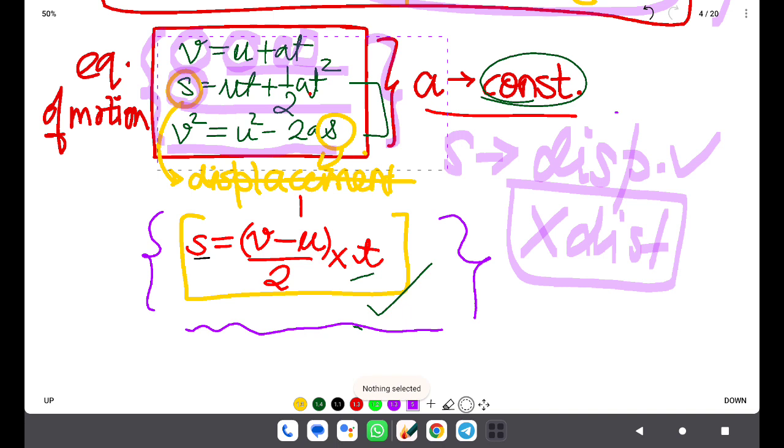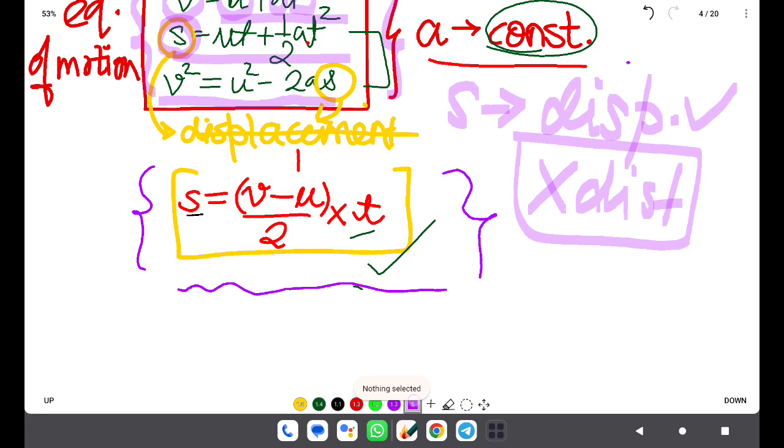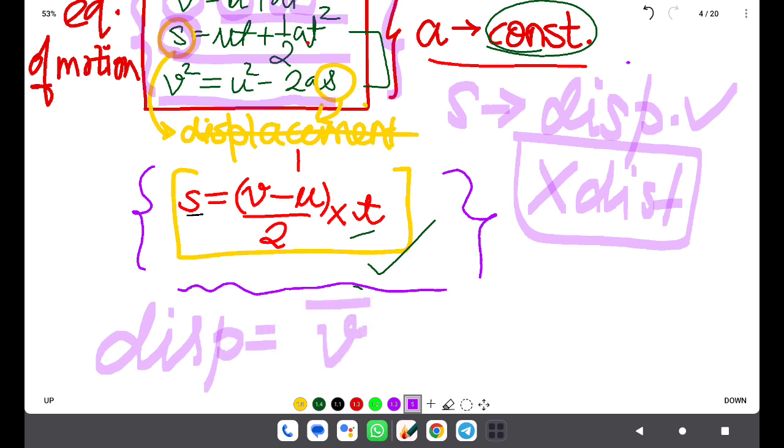You can avoid this and simply use this formula: displacement is equal to average velocity into time.